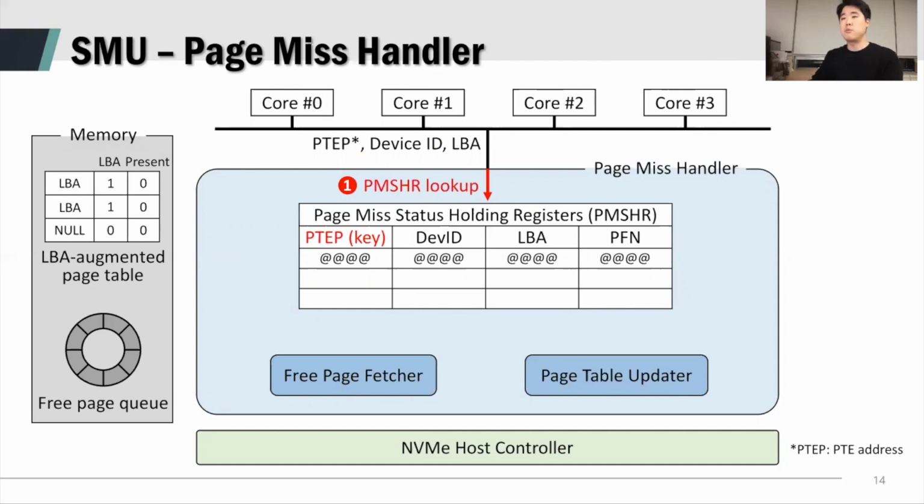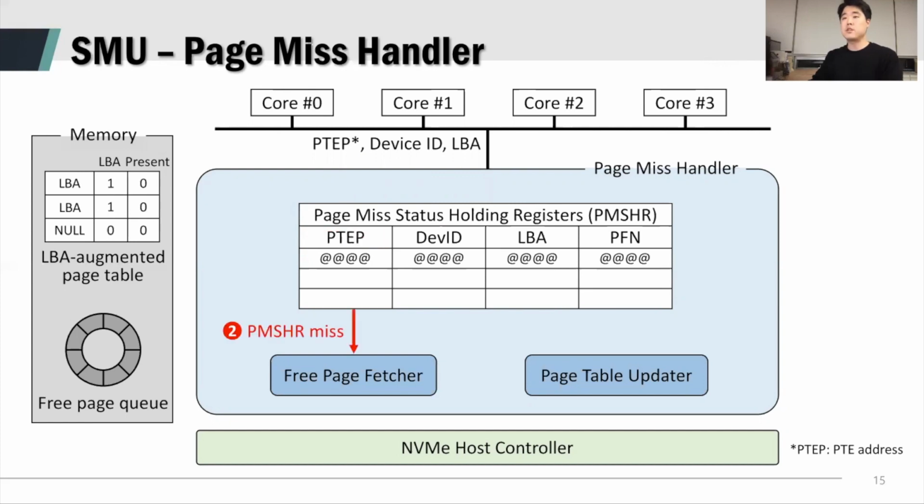Because there is no page cache in the SMU, duplicated page mishandling can occur on the same page in a multi-threaded environment. To handle this problem, the page mishandler maintains the page miss status holding registers, or PMSHR, which tracks the status of outstanding page misses.